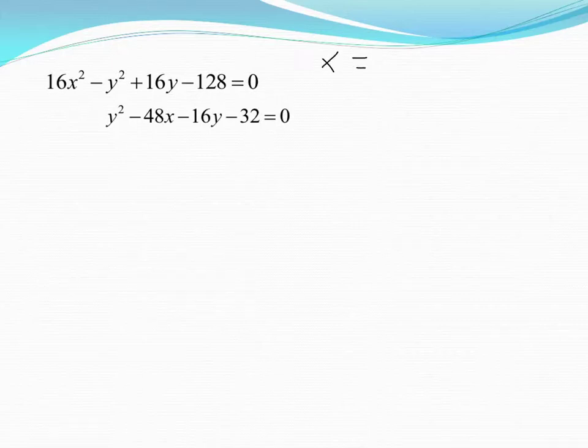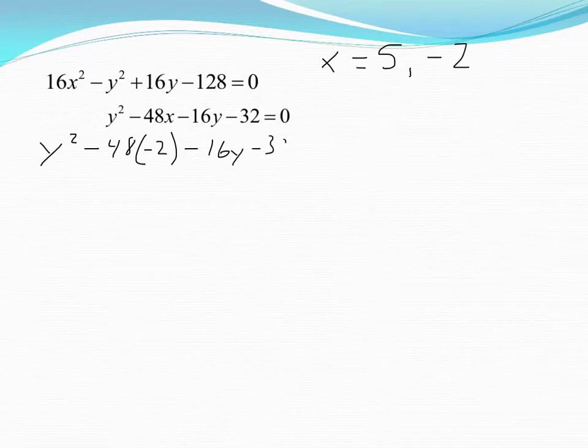On the previous slide we found x is equal to 5 or negative 2, so I'm going to go ahead and plug those in. I'm going to plug them into the second equation because you'll notice that's just got that 48x, so I'm going to start with y squared minus 48 times negative 2 minus 16y minus 32 equals 0.